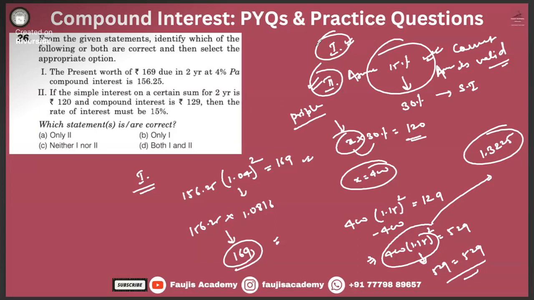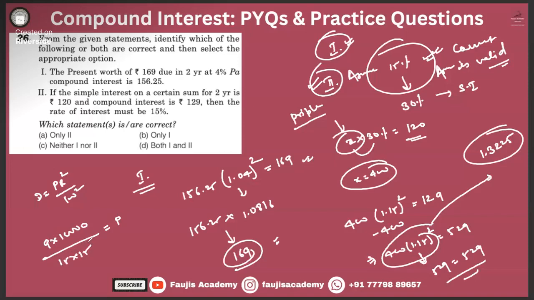You might also want to work it out with the formula that we have. D is equal to PR squared divided by 100 squared, right? For 2 years, the difference is how much? 9, and P is basically 9 into 100 into 100 divided by R squared, that is 15 into 15.